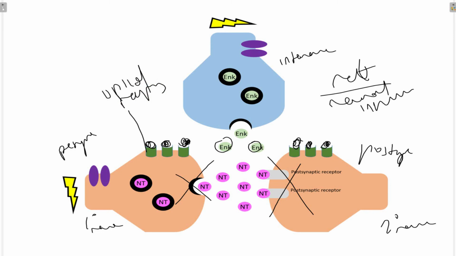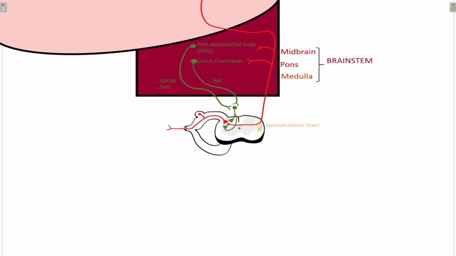However, it's best also to remember that further up the descending pathway, you have these other neurotransmitters involved, especially serotonin and noradrenaline. Those which act to increase serotonergic and noradrenergic activity, such as tricyclic antidepressants, act by causing serotonin and norepinephrine reuptake inhibition to increase the amount of those neurotransmitters.